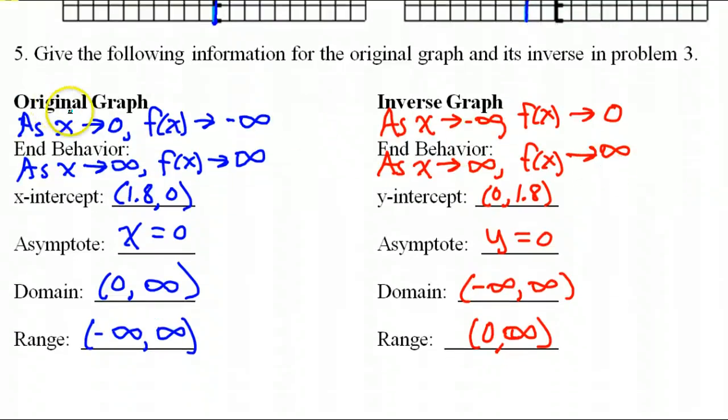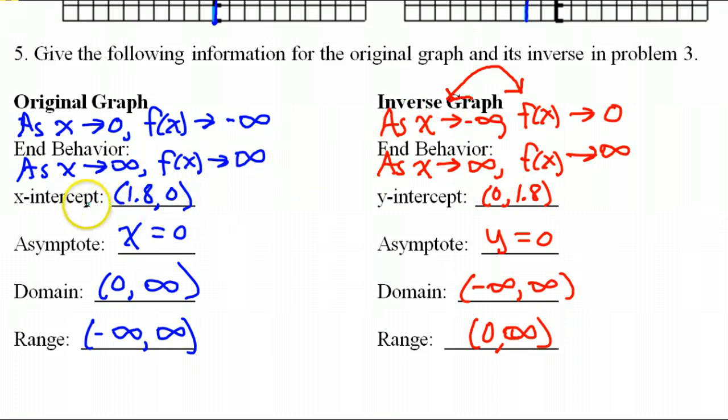But before I end the video here, notice the relationship. If you look at the end behavior, can you see how these are like backwards? F of x approaches 0, f of x approaches 0. It's like we turned this backwards, and switching these backwards is really the same thing.